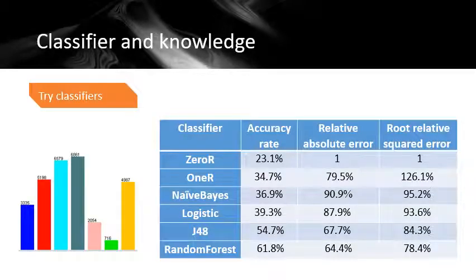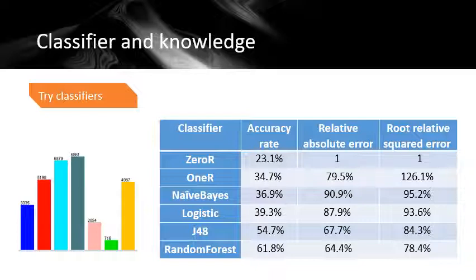In this part, we try different classifiers in Weka, and the results are shown in this table. The bar chart shows the 7 classes with different price range. In 0R, all the data are classified into Group D with dark green colors in the bar chart, where the price is between $4,500 to $6,000.